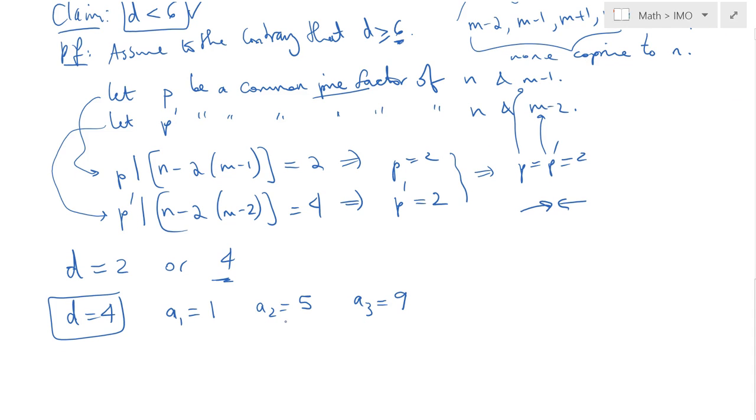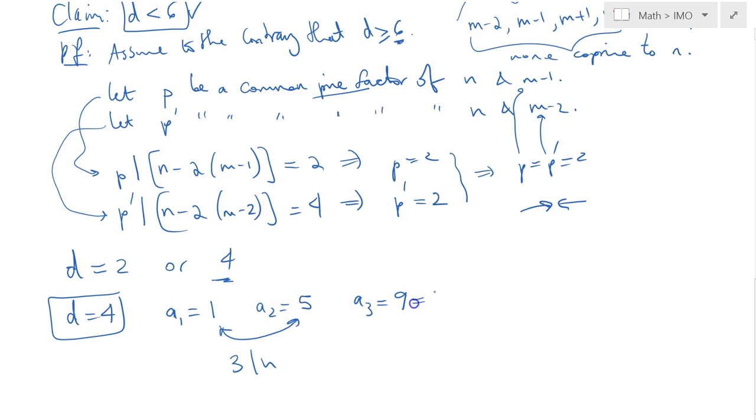But then we will have a contradiction, because the prime number which lies between a1 and a2, namely 3, has to be a divisor of n. If it were relatively prime to n, it must have been in our sequence of ai's.